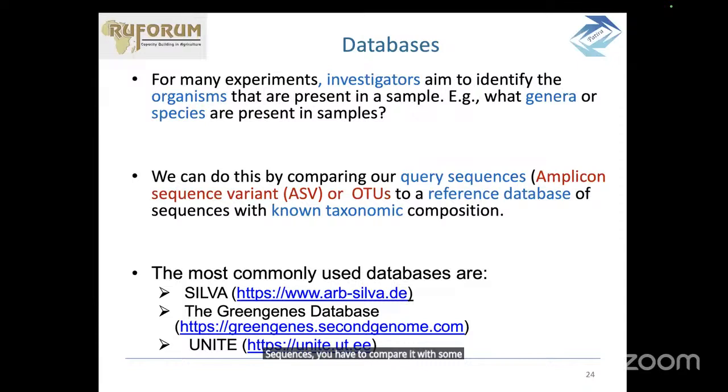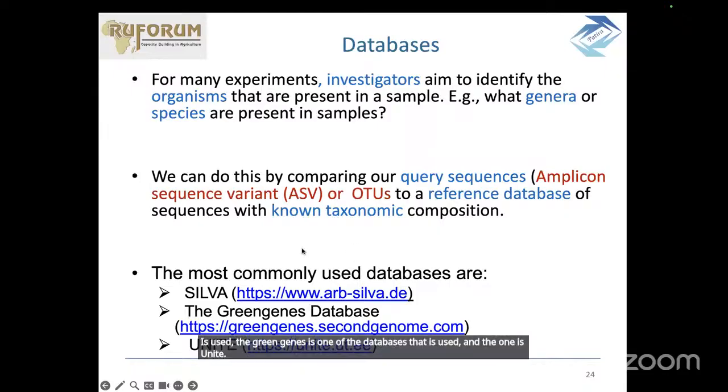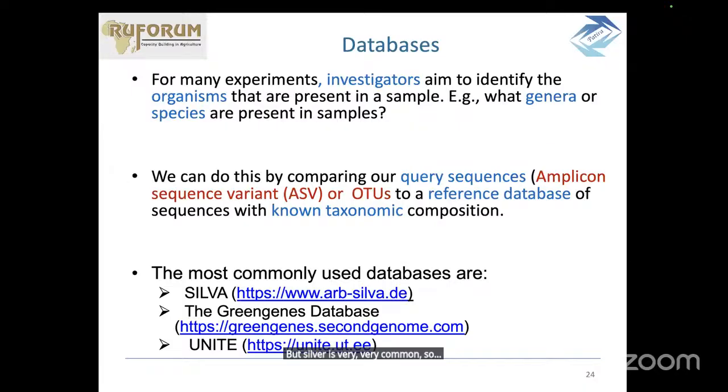There are three common databases that I use in metagenomics. The one that you guys downloaded is called Silva. Greengenes is one of the databases that is used, and the other one is UNITE. But Silva is very, very common. When people told you to download databases, I think two of them were from Silva.